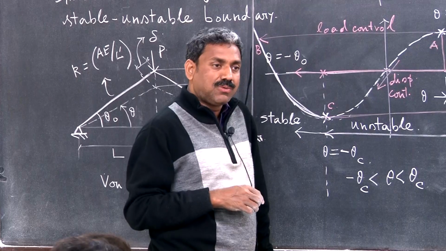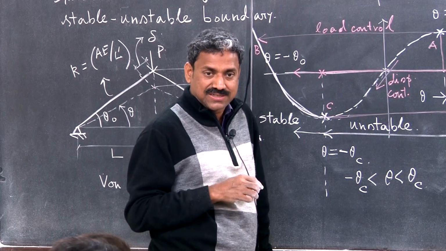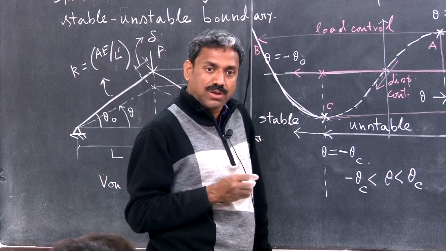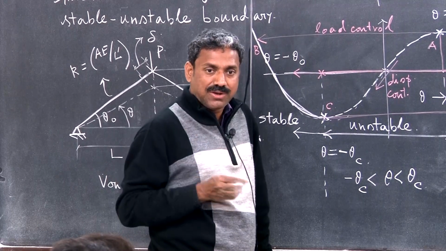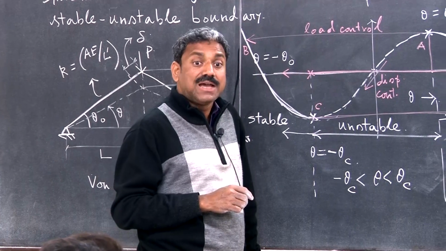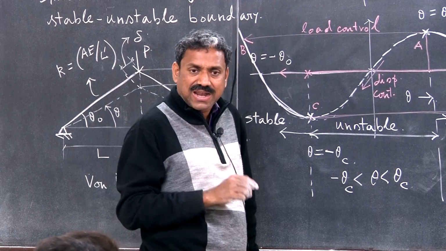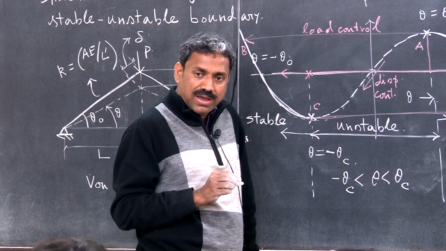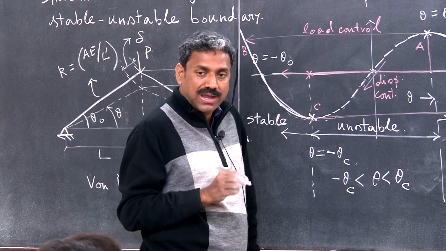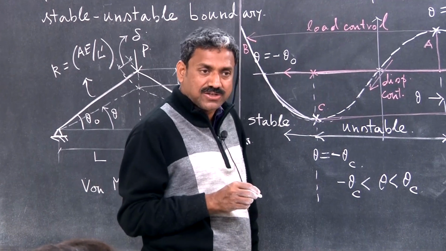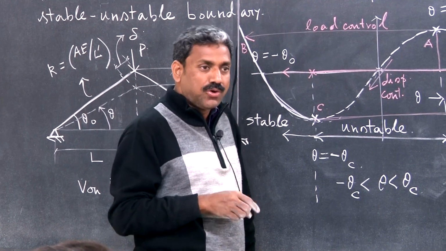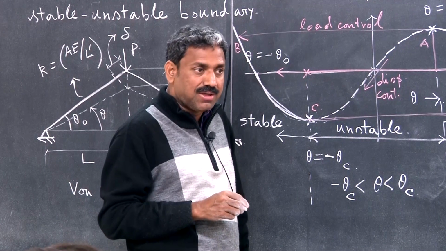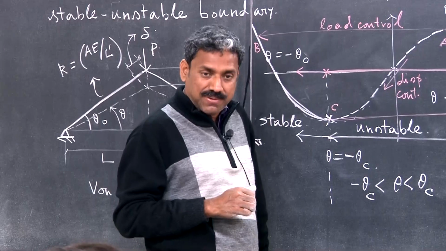So everything was expressed in terms of trigonometric functions for this simple system, but ultimately we expand in terms of polynomial, and neglecting higher order terms, it was converted into an algebraic eigenvalue problem.